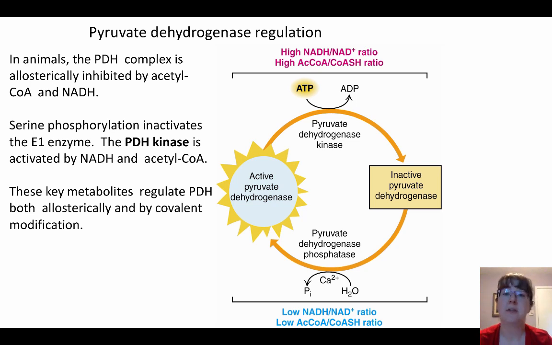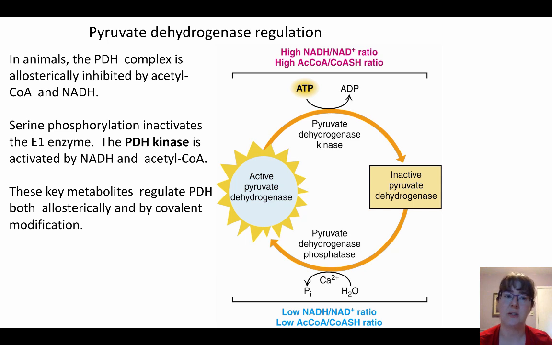This also has another form of regulation, though. It also has covalent modification for regulation to a serine residue. That will inactivate the E1 portion of the dehydrogenase complex. There's a pyruvate dehydrogenase kinase, which is activated by NADH and acetyl-CoA.